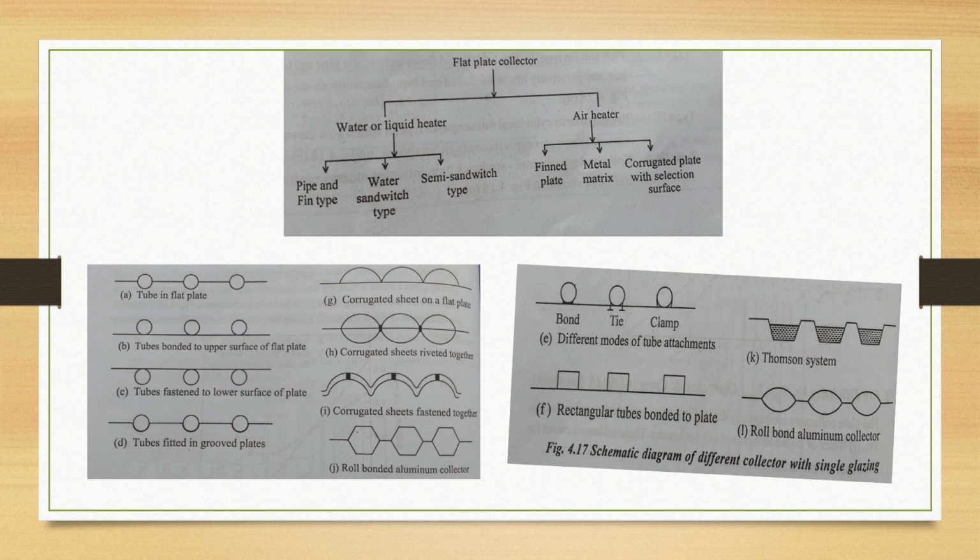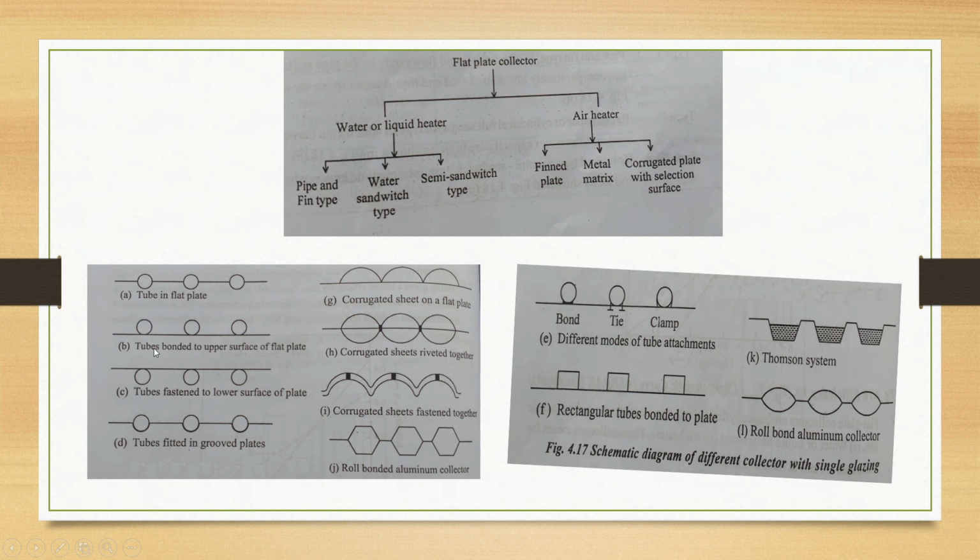Next coming to the schematic representation of different collectors with a single glazing. Here there are multiple types of the collector with a single glazing. First one is the tube in the flat plate.